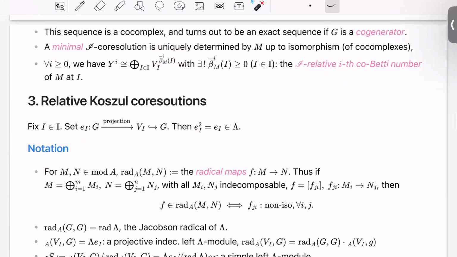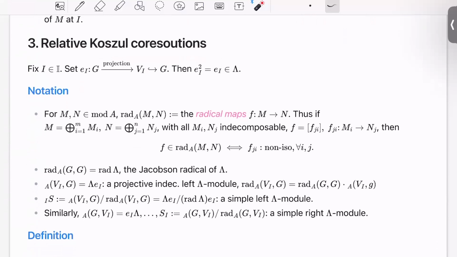Okay, so now I want to give the definition of the Cauchy resolution. So now, fix some element I, and denote by e_i the idempotent corresponding to V_i. G is a direct sum of V_i's, and with projection and inclusion, this gives us an idempotent of lambda, corresponding to V_i.